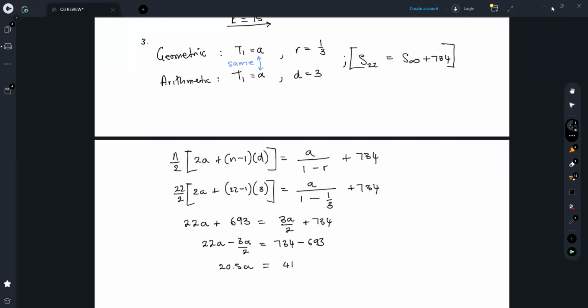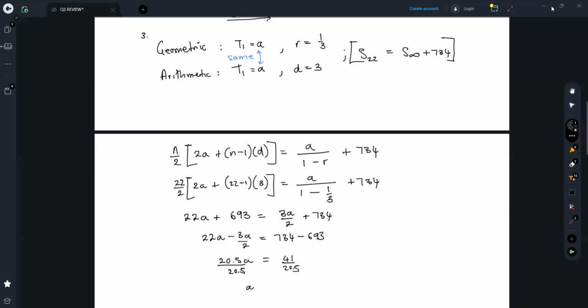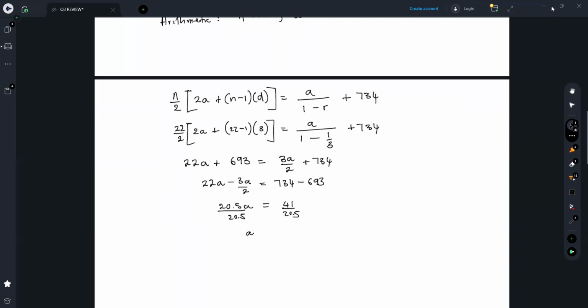Now you're looking for a, so the best thing to do is divide both sides by 20.5, and you find that the value of a is 2. So therefore T1 is equal to 2. Done.